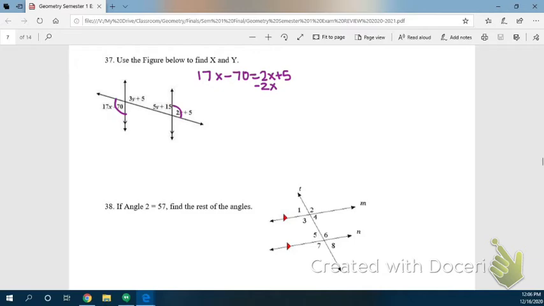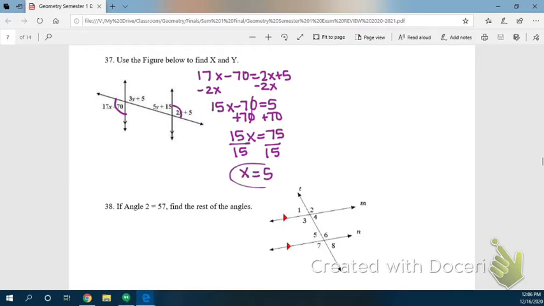When I solve to get x by itself, let's see, 75 divided by 15 would be 5. So that is our x.